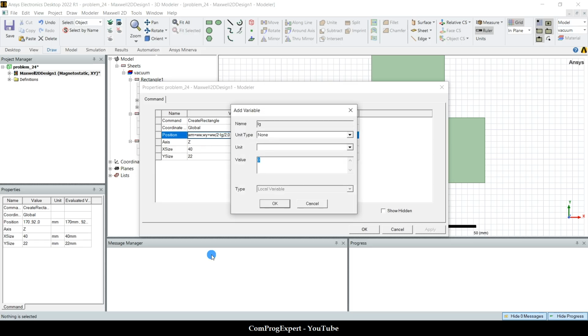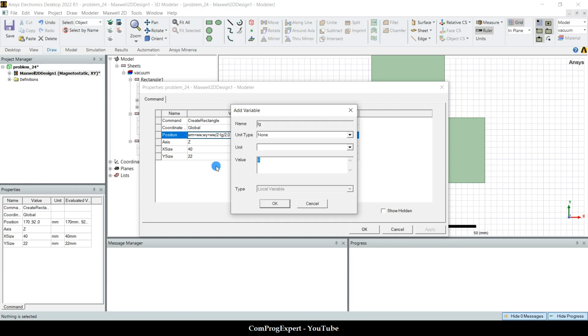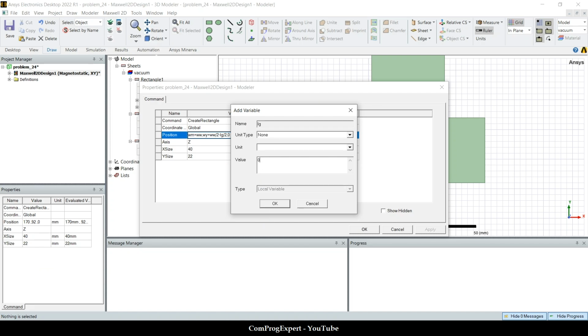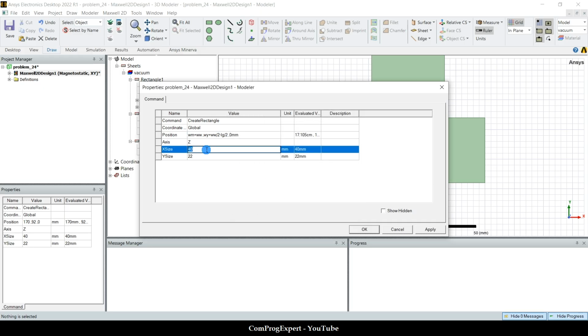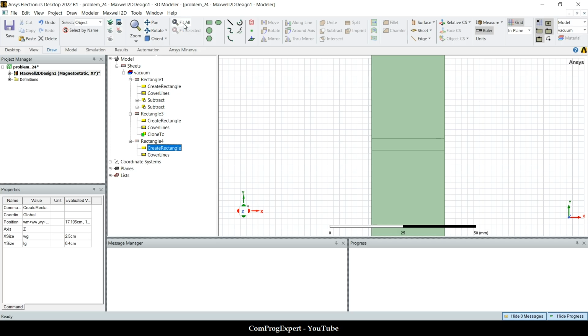The length of the gap is equal to 0.5 centimeter. Excuse me, it is equal to 0.4 centimeter, and I write 0.4. Okay, the x size is width of the gap, the y size is the length of the gap. So we can generate this air gap.